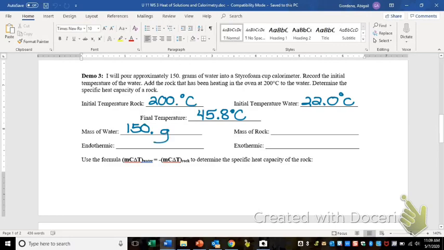And I should have told you this ahead of time, I did mass the rock before I put it in the water. The rock came out to have a mass of 117.1 grams. So before we get to any of the math, which part of this situation, the water or the rock, was absorbing heat? Which one was endo?